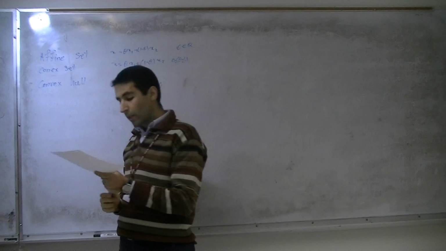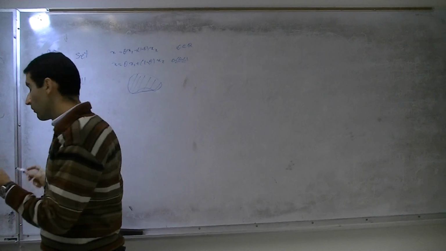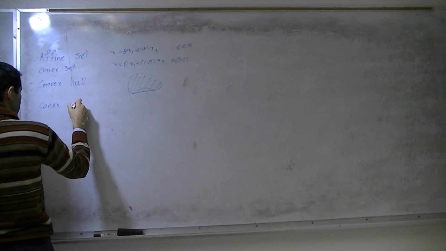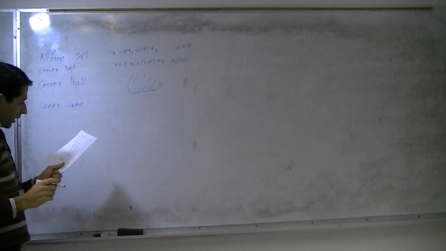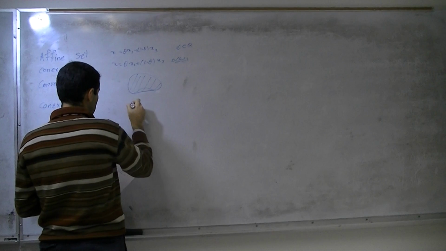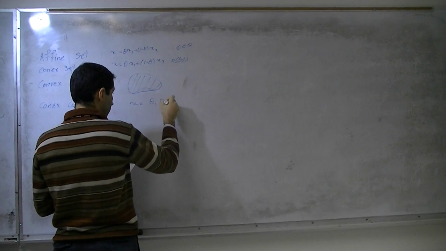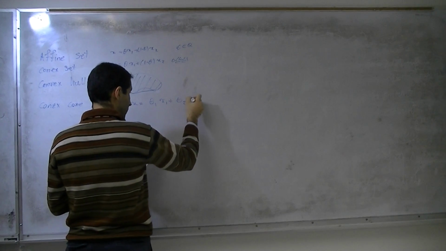And we defined a convex cone. The convex cone was theta 1 x1 plus theta 2 x2.